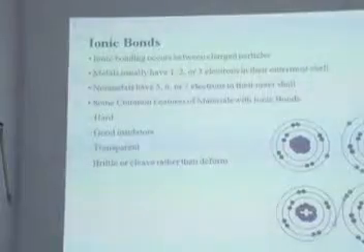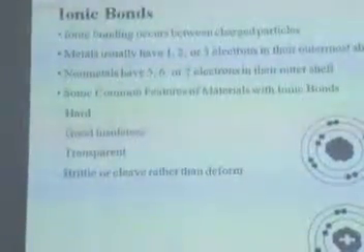So some of the common features of ionic bonds are that this kind of bond creates hardness. It is a good insulator, and it is basically transparent and brittle, or cleaves rather than deforms. So the ionic bonds have these properties.